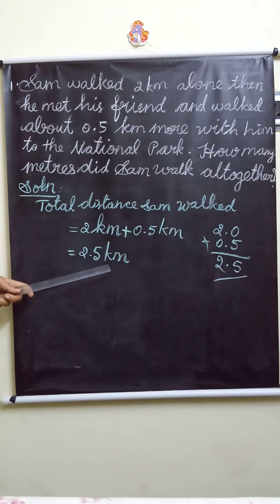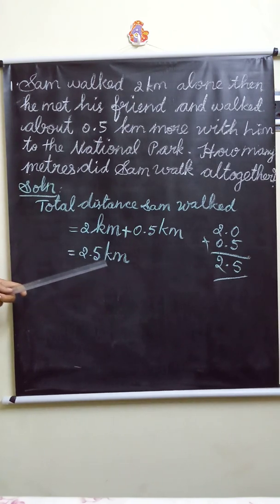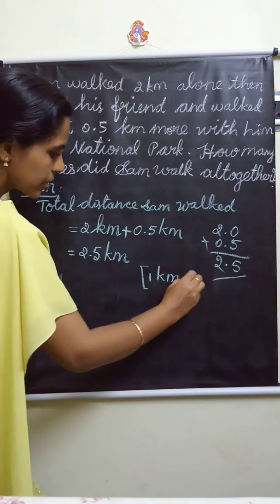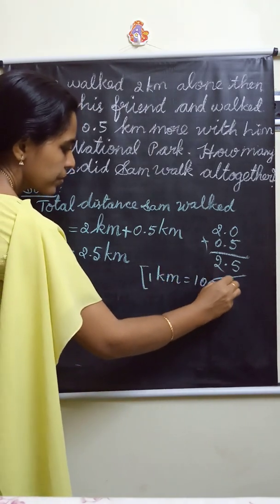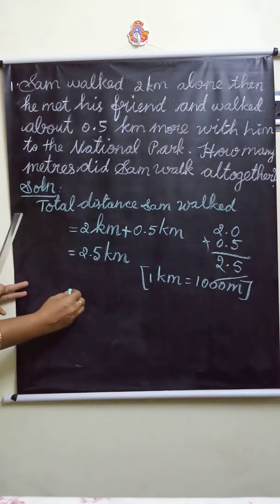So here the answer is in kilometer. We have to convert kilometer into meter. What is the formula of this? 1 kilometer equal to 1000 meter. We have to use this formula here.